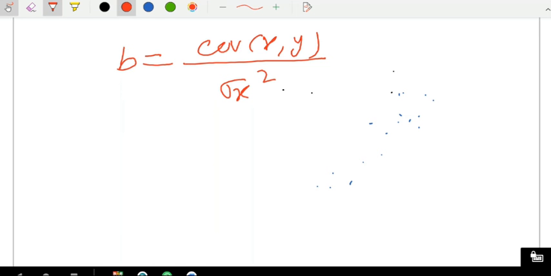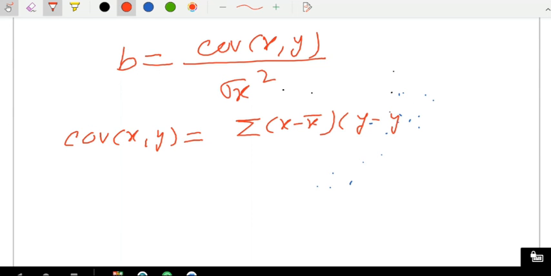Now I will repeat once again. What is covariance x and y? I'll write here covariance x and y, just for revision's sake. Covariance x and y is nothing but the sum of x minus x bar times y minus y bar, divided by capital N. Then what is sigma x?